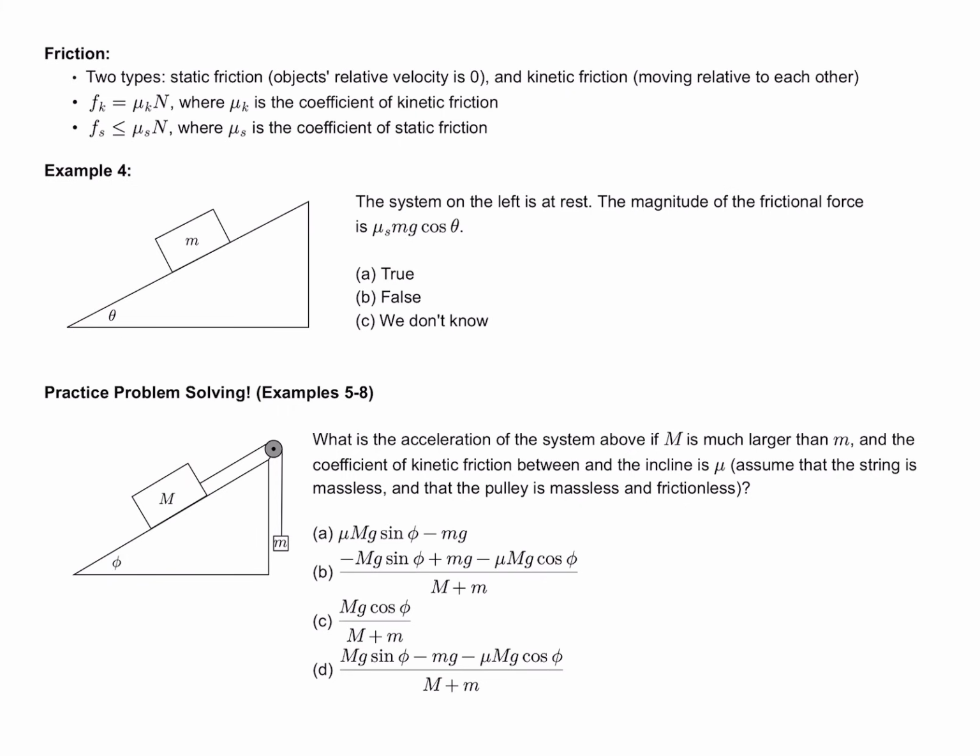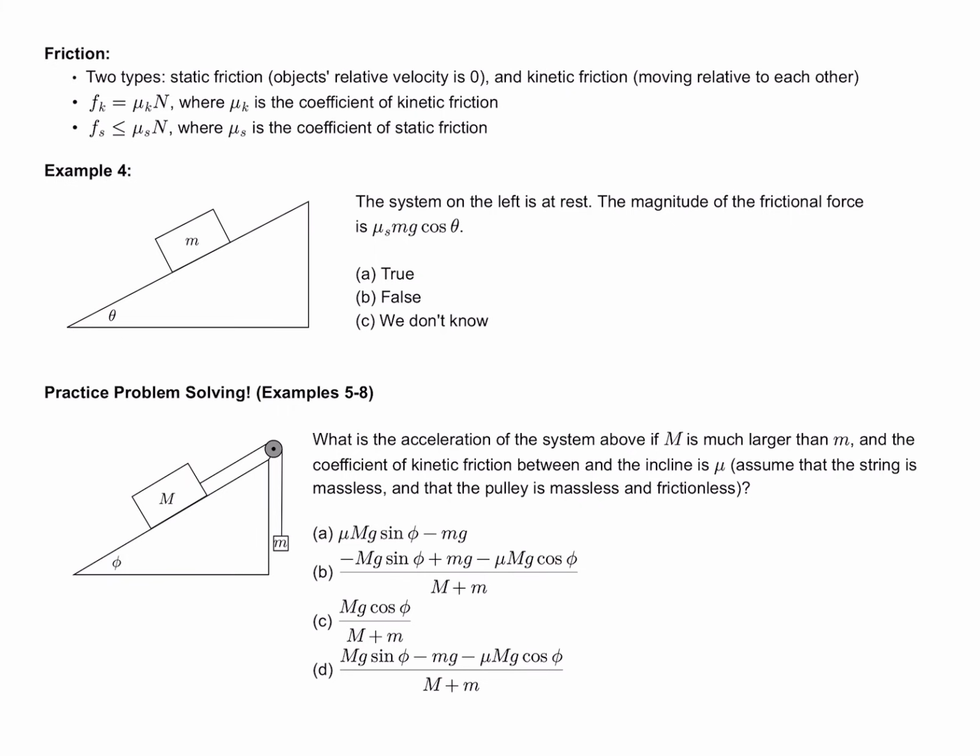Kinetic is when there is relative velocity between them, so one is moving relative to the other. You need to remember what the reference frame is in order to determine whether it's static or kinetic. For kinetic, it's pretty simple: it's the coefficient of kinetic friction, mu k, times N. So the kinetic friction is always a constant value.